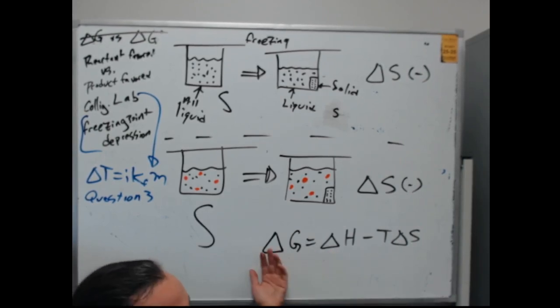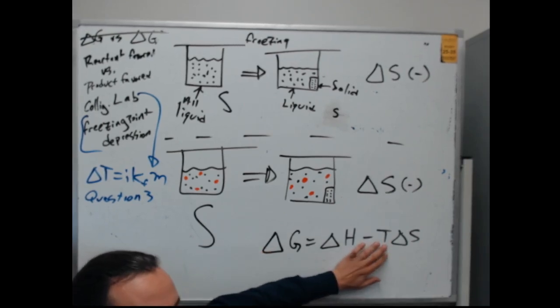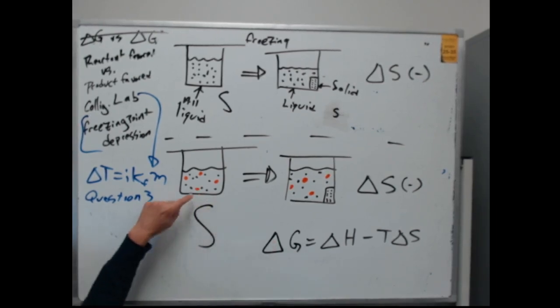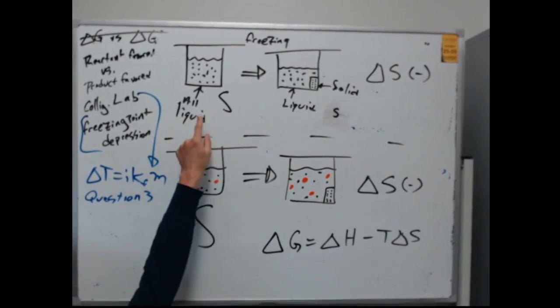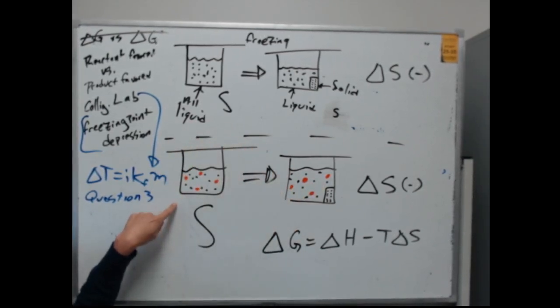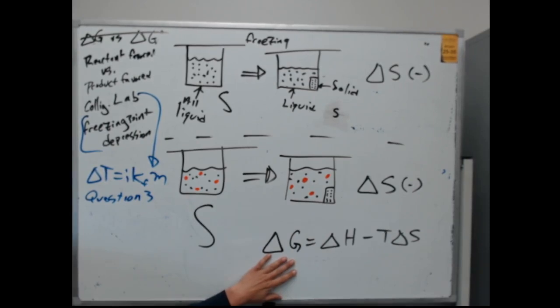The delta G kind of changes, but we're going to change the temperature to get it back to where we want it to be. So, for example, if we mix these things together, this solution is going to have a different delta G than that solution. But if we're forcing them to freeze, the temperature at which this process becomes spontaneous, this delta G switches to be equal to 0.